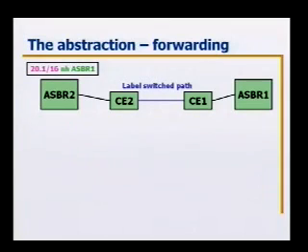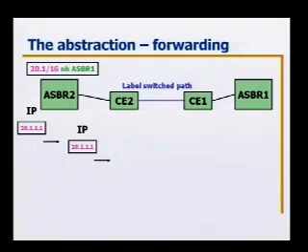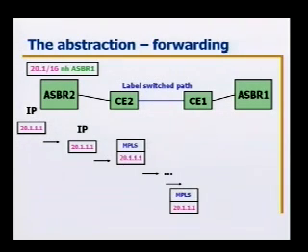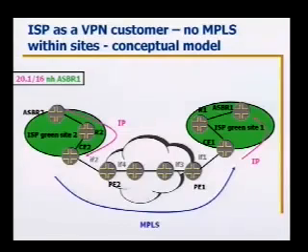So conceptually what we're going to have is traffic arriving as IP at the ASBR, being forwarded as IP throughout Site 2, being forwarded as MPLS between the two CEs, and again as IP within Site 1.